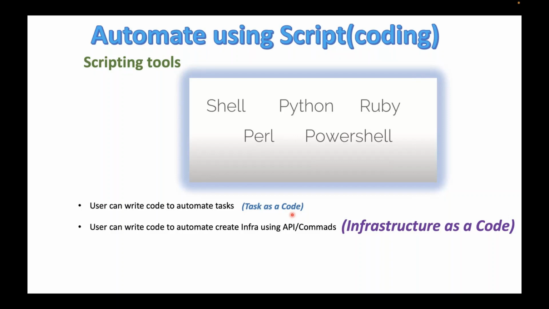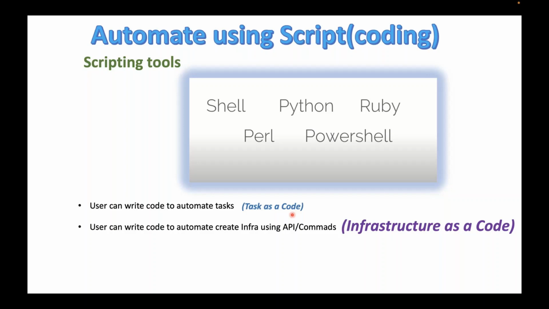So if you are creating a script to do some piece of work, that is task as code. Whereas infrastructure means the complete infrastructure from scratch. It is creating the server itself, right? But task as code means you have to do some specific task inside the server. That is the difference. So infrastructure is different, task is different.